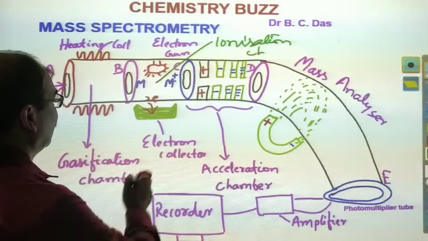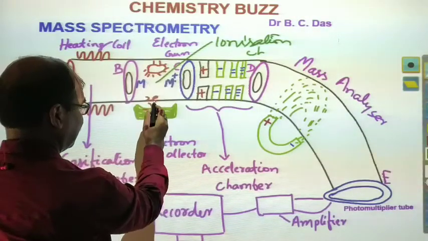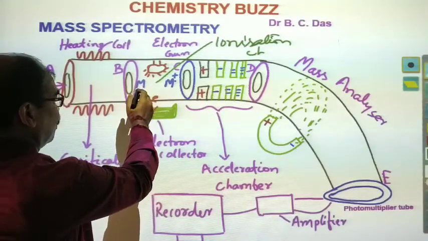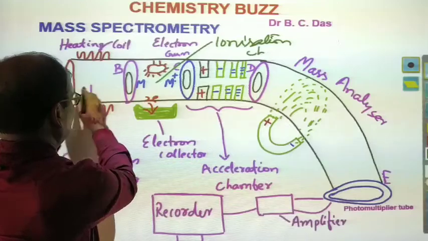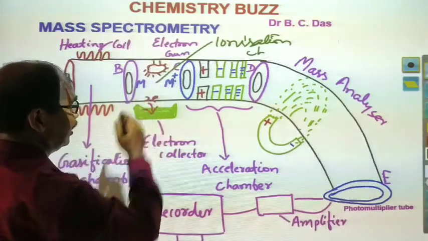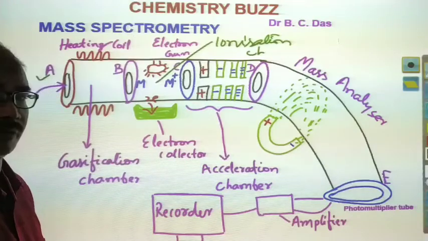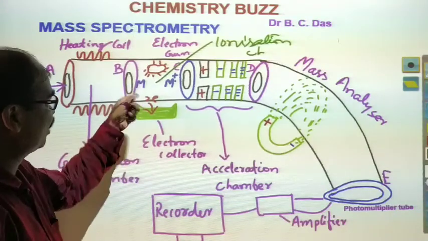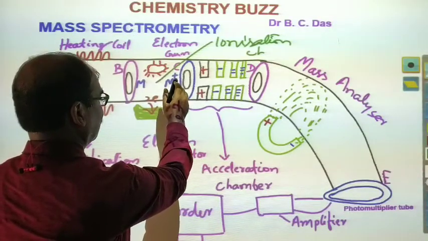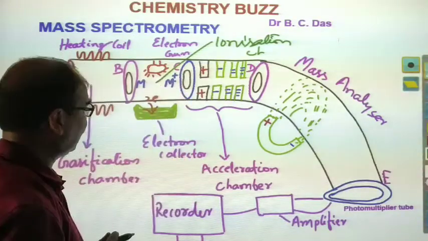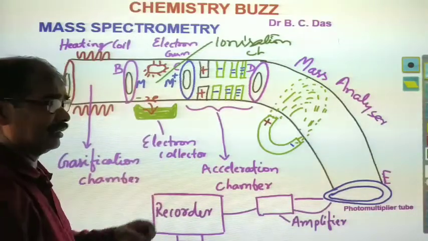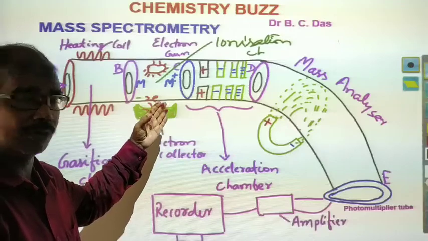And here there is an electron collector. Why? When the molecule passes through this slit, it comes in contact with the electron beam and is bombarded with the electron beam, so it moves as a molecular ion or radical cation, and two electrons are ejected out.